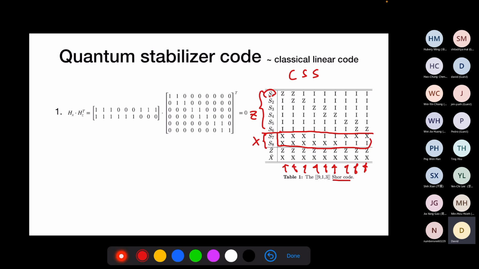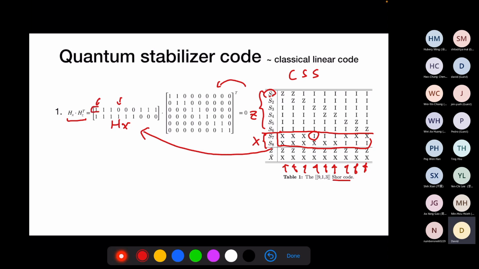Now we can group them into matrices. We write X as 1 over here and 0 as an identity over here. That's how you construct your H_X. Similarly, you can construct your H_Z. And you can check this condition, H_X times H_Z transpose, and you'll see that it's 0.